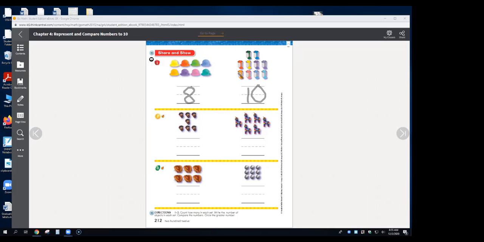The 10 has more. One thing we can also do is go like this to see how many there are, right? So we have 1, 2, 3, 4, 5, 6, 7, and 8.